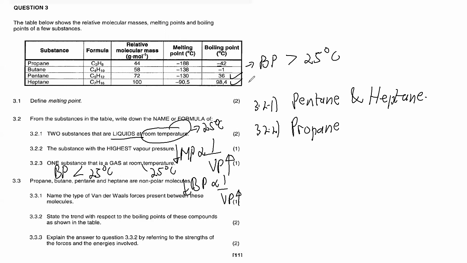So we can see that we have two substances. It can be propane, it can be butane. So you would say propane or you would say butane, either one of these two would be correct, guys. Then, okay, let's now move. We are looking at 3.3.